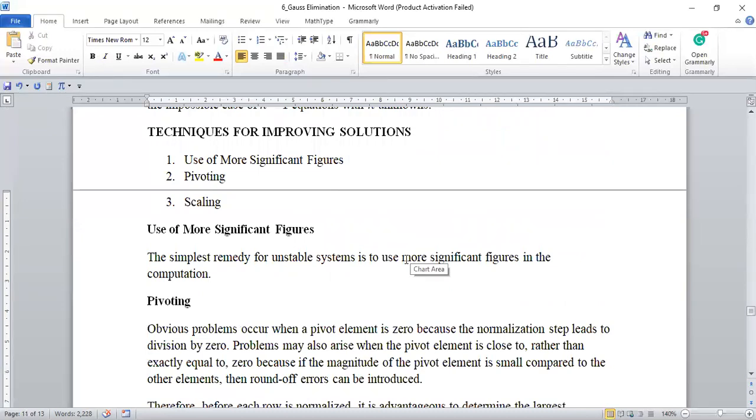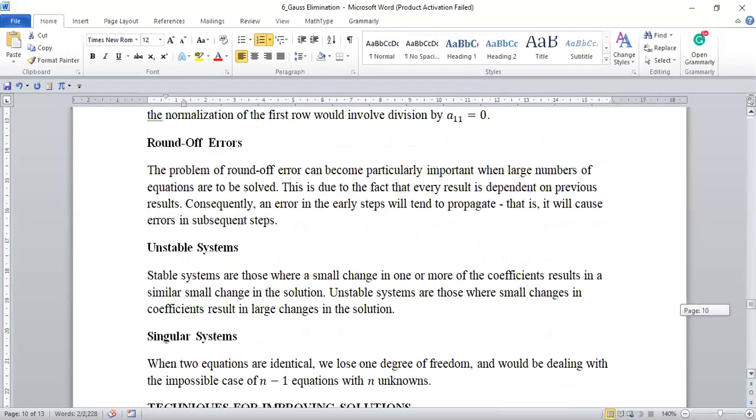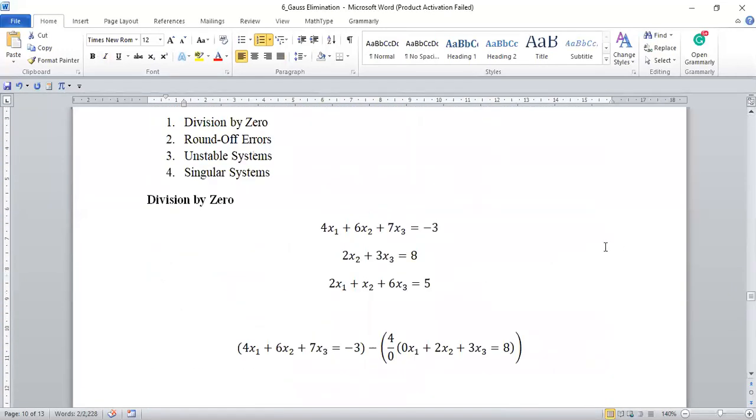And if the system is unstable, it's not really going to affect it. Then the second solution is pivoting. So that was the answer Jami was saying. Pivoting simply means that, okay, so this was the original question.